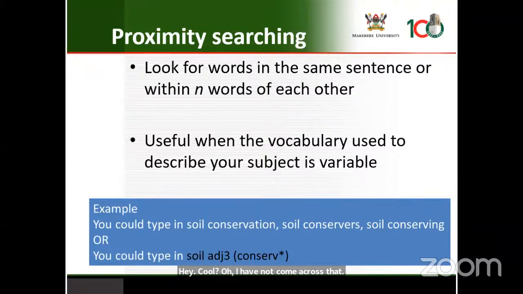So maybe I'm going to ask my fellow librarians to help me here. I have not seen anywhere where we truncate using two asterisks at once. Maybe it meant something different, or maybe we need to explore. We go and try to find out if it exists. It may be there and we don't know. Okay.